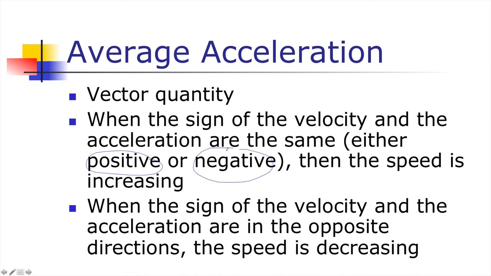So acceleration, represented by a small letter a, is a vector. The velocity is a vector, whereas speed is a scalar. This is just more or less a revision for you.